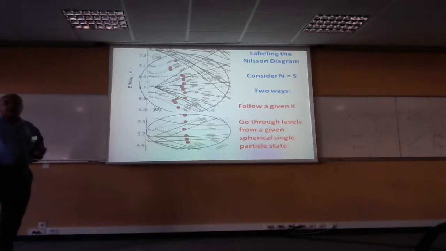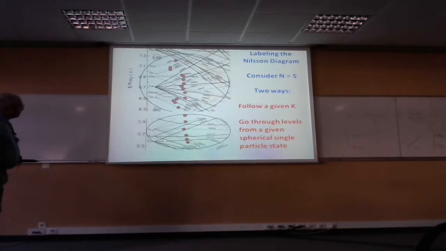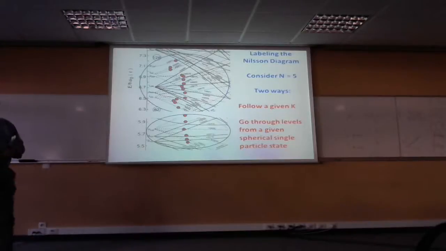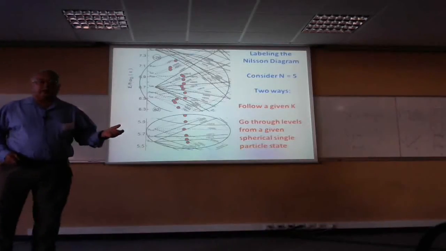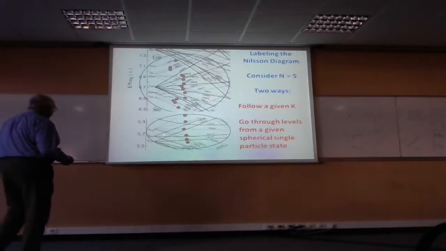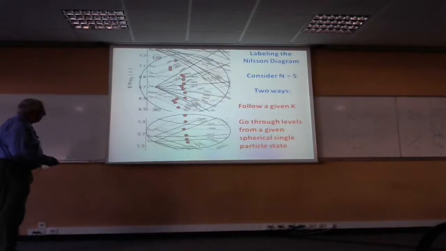There's another way of doing it, and at the risk of confusing you a little more, I'll say what that is. What we did here is we started with all the various orbits from a given single particle state and assigned their quantum numbers, and then went to the next single particle state, and then the next. What we could do alternately is take all the orbits with k equals a half. The lowest one is going to be 1/2, 5, 5, 0.